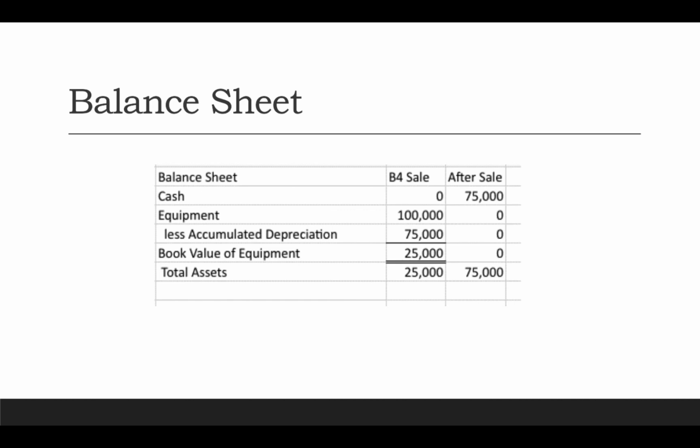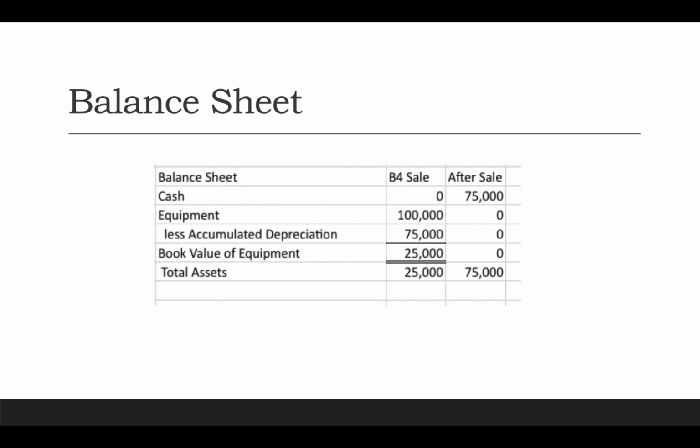So you can see in this case, we have the equipment before. The middle column, right, is showing $100,000 of equipment, minus that accumulated depreciation of $75,000 gave us that book value of $25,000. In this simplified world, our total assets are $25,000. We're just focusing on this, right? After the sale, our cash goes from 0 to $75,000 because we just sold it for $75,000.